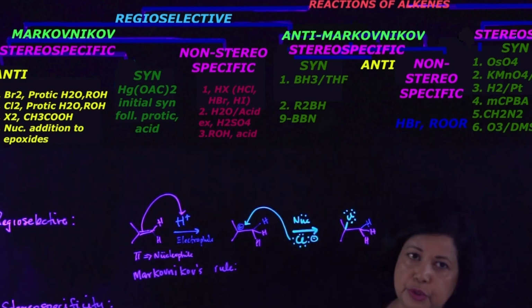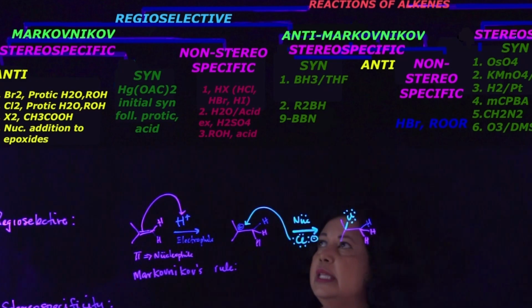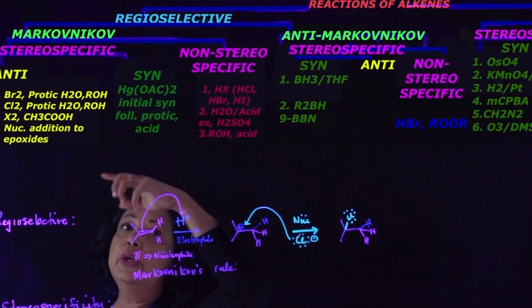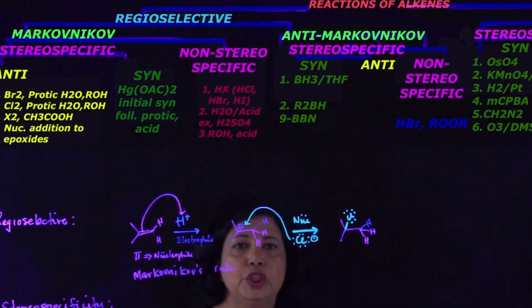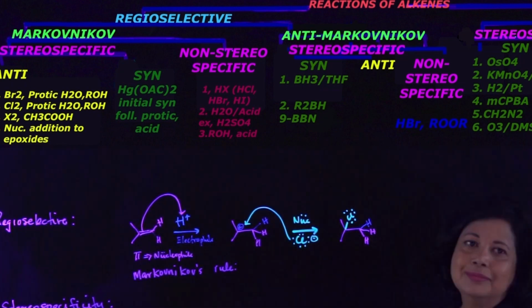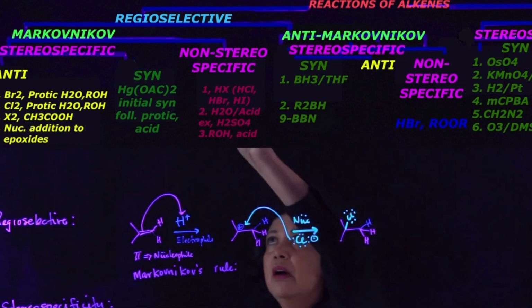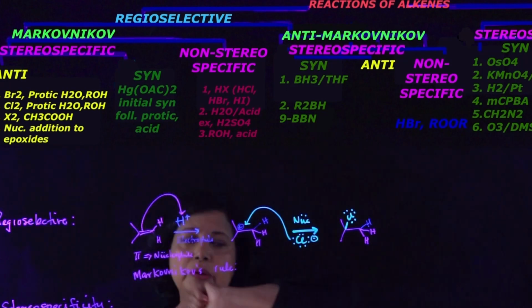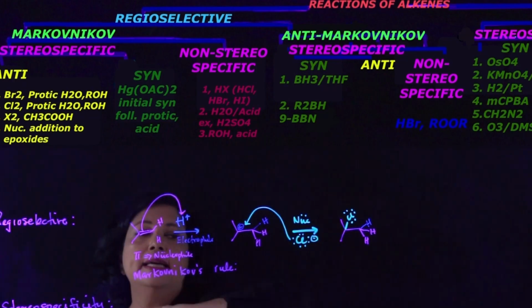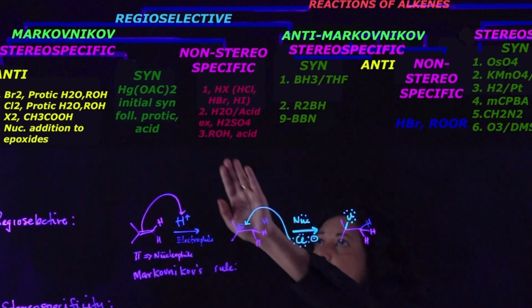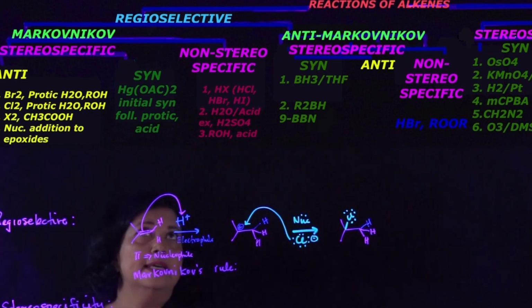So we're going to look at those reactions. Now, these are anti. That means they're going to attack on the opposite side of the initial electrophilic addition. So within the Markovnikov reaction, when you add mercuric acetate, there's an initial syn addition that's then followed by an anti-addition of the nucleophile. I could have very well written that out here.